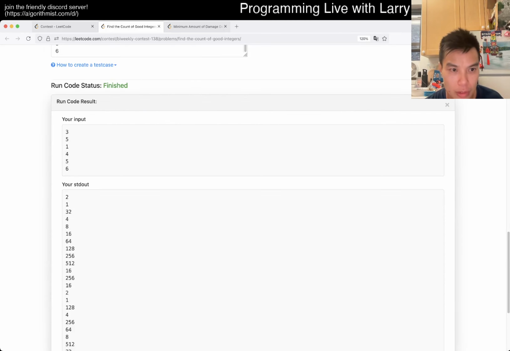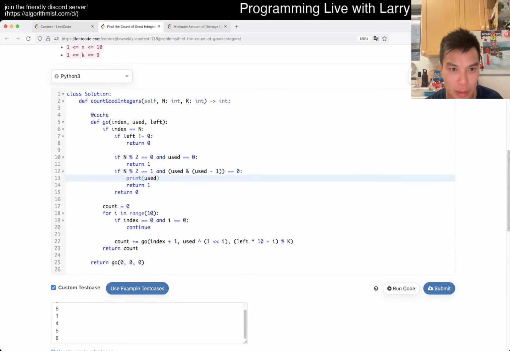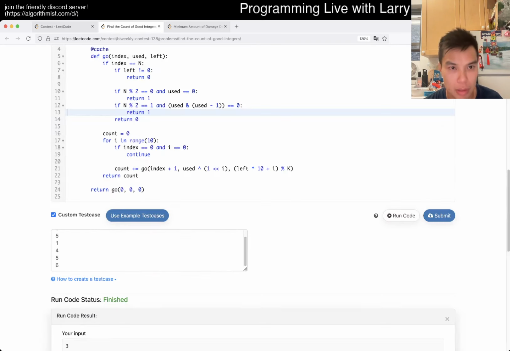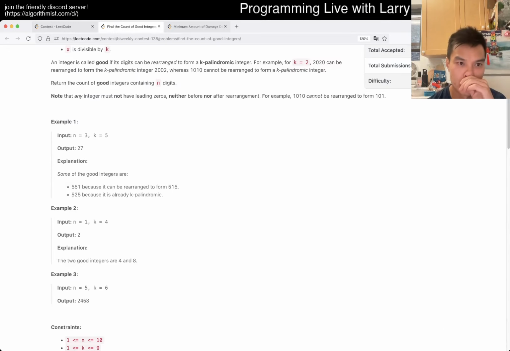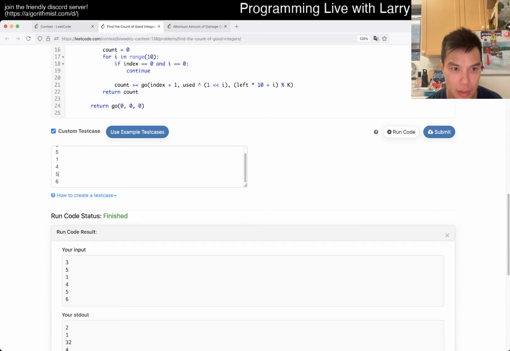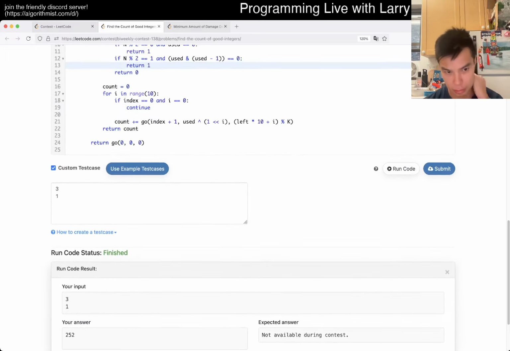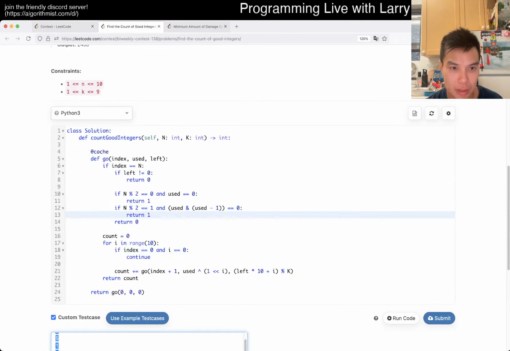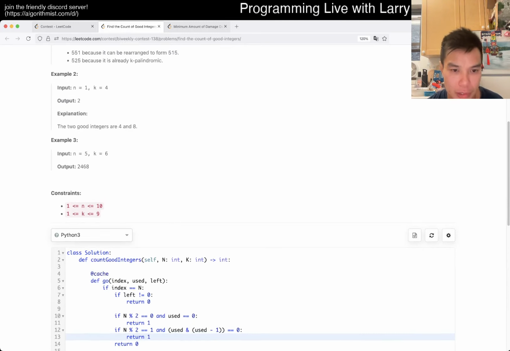Alright, all this looks right, so I'm not doing anything too funky. Left is equal to 0. Okay. What am I doing wrong? 3 digits, 5. Alright, let's do 3, 1. What does that mean? Is that even right? I don't know what the right answer is.